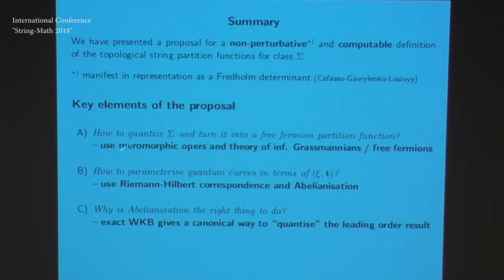Then the main piece, which I think is new in our proposal, is how to parameterize the quantum curves in terms of the topological string parameters, zeta and t. This was done through Riemann-Hilbert correspondence linearization, and it is doing the right job because exact WKB gives basically a canonical way to quantize the leading order result, the classical result, if you wish.